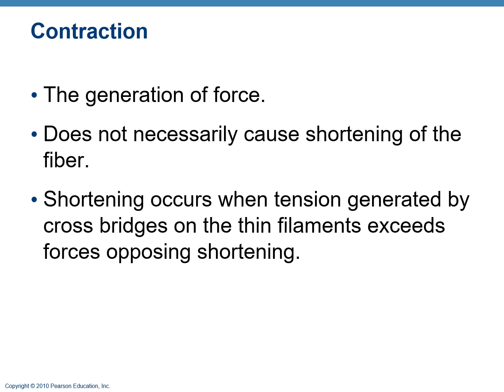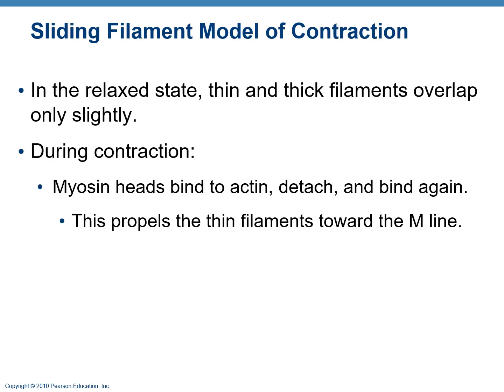Now, how does this translate into contraction? Contraction, by definition, is the generation of force. It does not necessarily cause shortening of a muscle fiber. Shortening occurs when the tension generated by the cross bridges between myosin and actin on the thin filaments exceeds the forces opposing shortening.